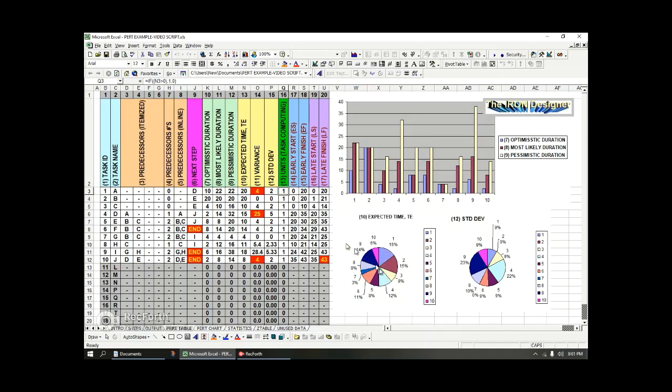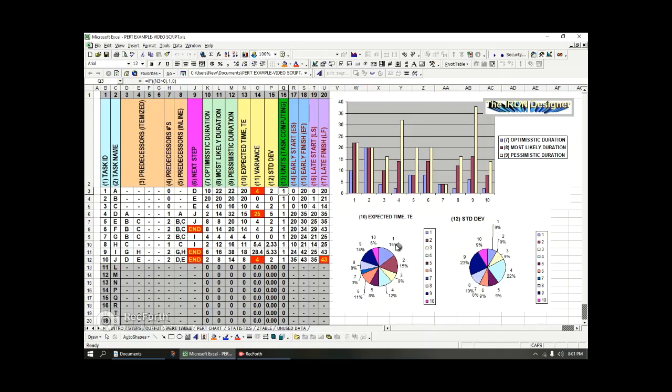What I'm showing here in the expected times is a pie chart I've made out of this column. You can see the percentages of what each of the tasks is using in the pie chart. So everything adds up to 100.